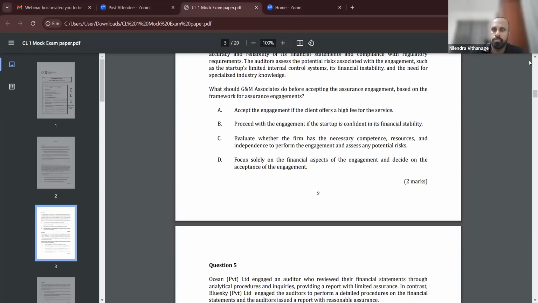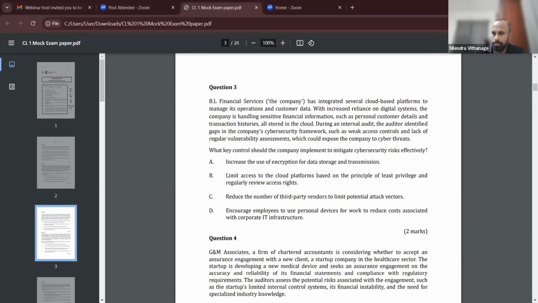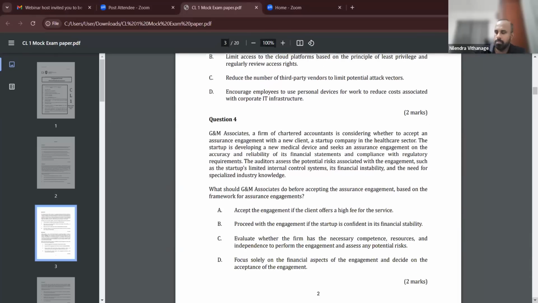Look at question 4. G&M Associates, a firm of chartered accountants, is considering whether to accept an assurance engagement with a new client, which is a startup company in the healthcare sector.